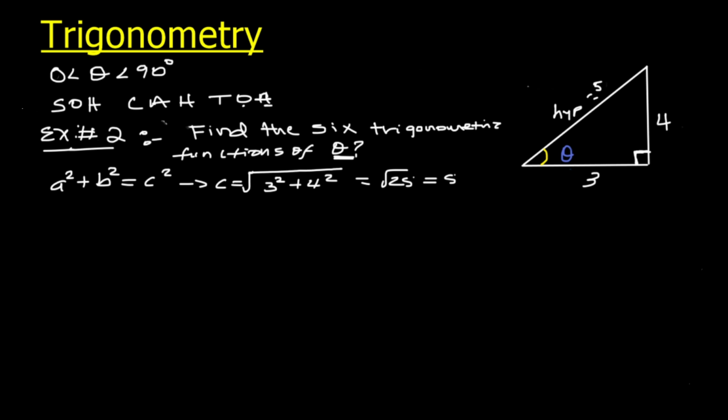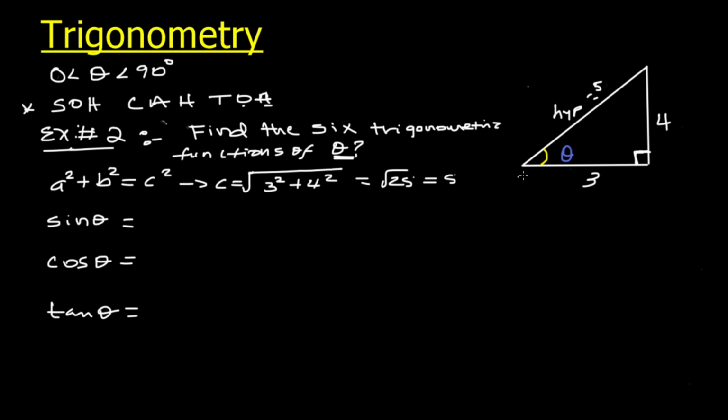All right, using SOH-CAH-TOA, we're going to solve sine theta, cosine theta, and tan theta. So what is sine theta? Sine theta is the opposite over the hypotenuse. This is the angle we are talking about.